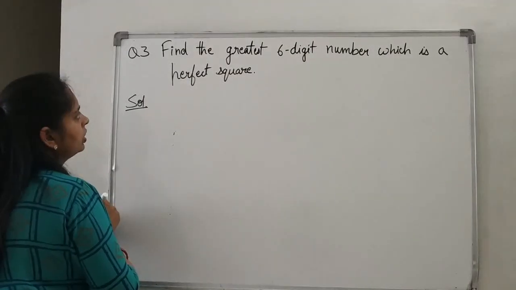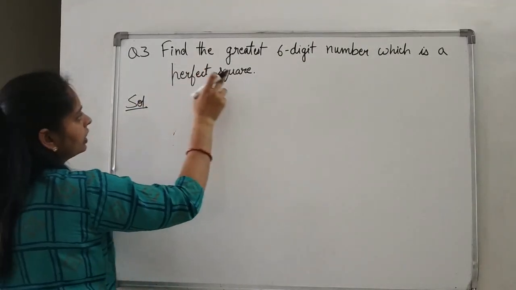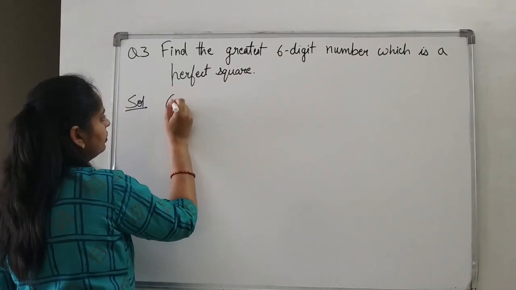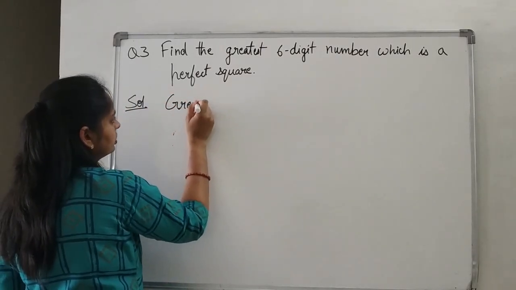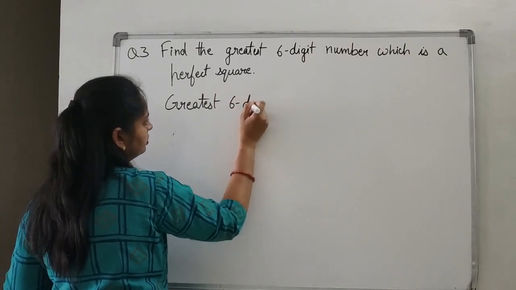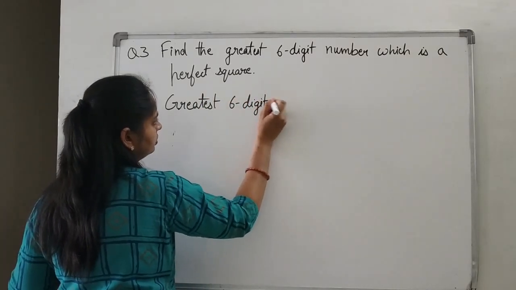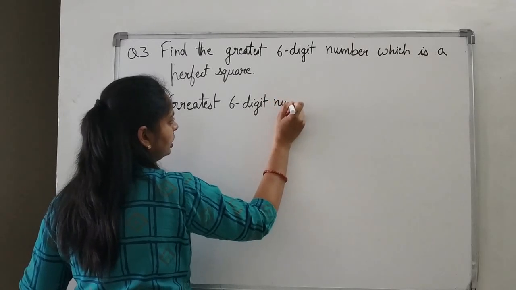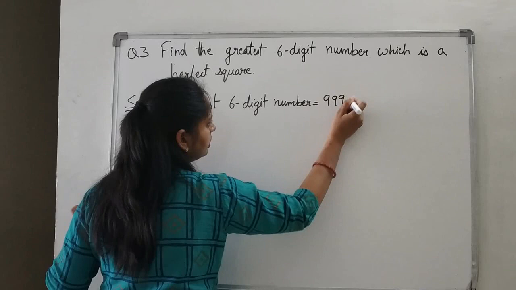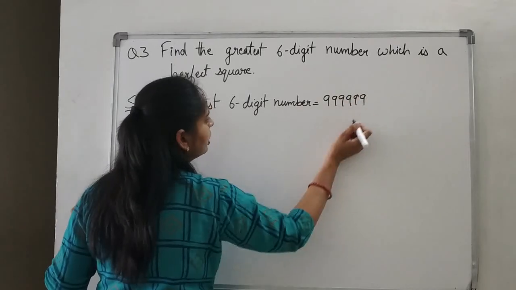Okay? Now to the next question. Find the greatest 6-digit number which is a perfect square. So first of all, what is the greatest 6-digit number? Greatest 6-digit number is 999,999, right?